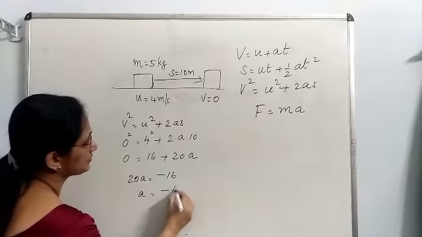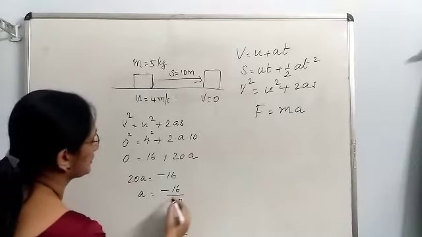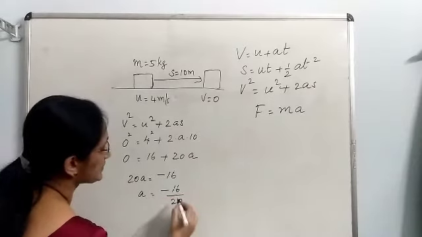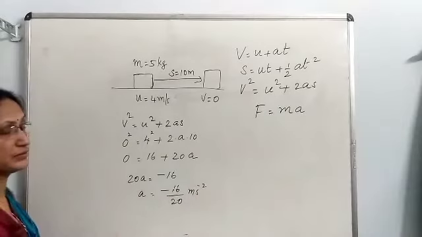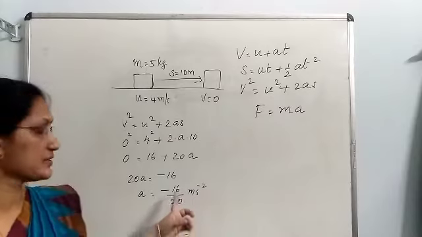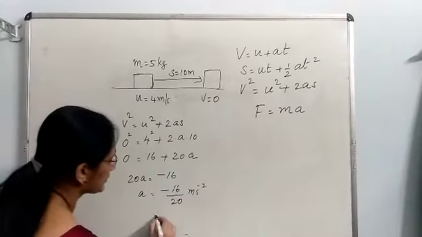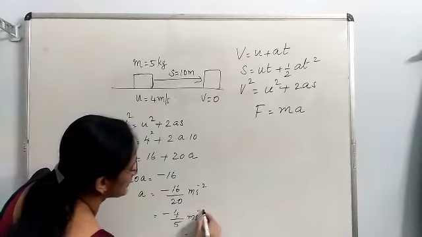A is equal to minus 16 by 20. This is the acceleration. You can cancel and make this in simple fractions, then you will get minus 4 by 5 meter per second square is the acceleration.